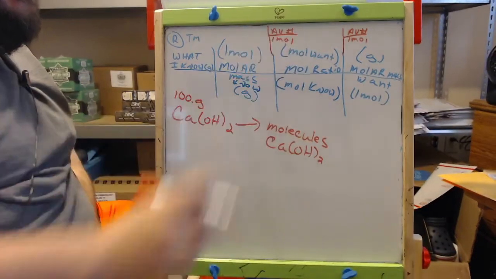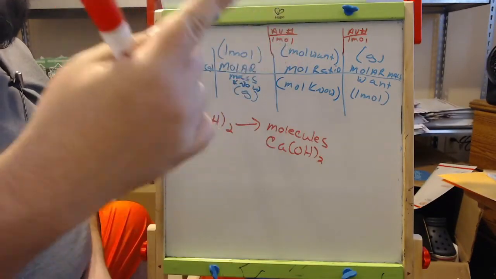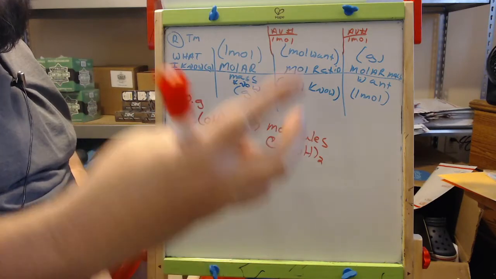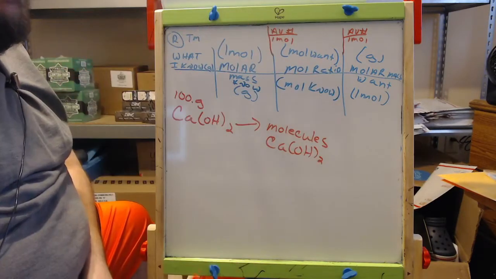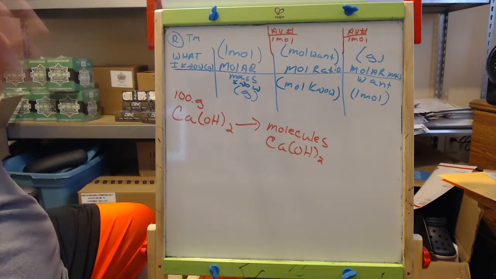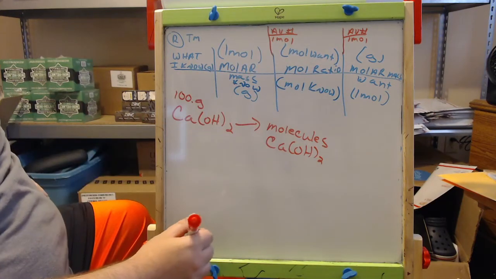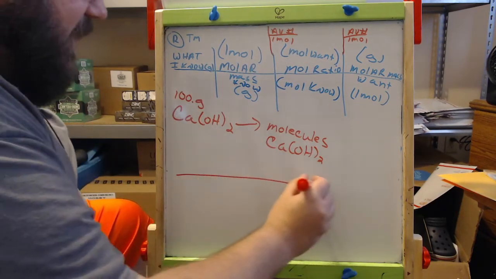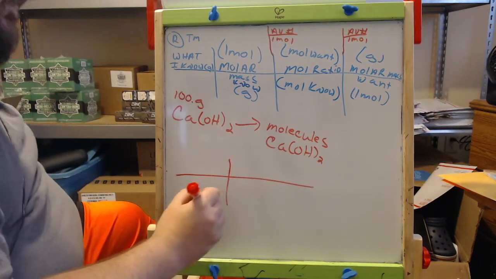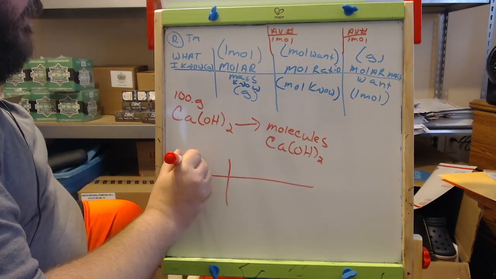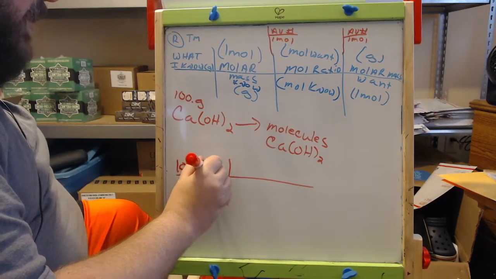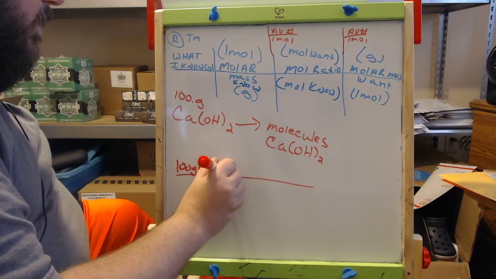If you see ions, molecules, atoms, or formula units, you have to use Avogadro's number, but I have to get there first. So same principle: I have 100 grams of calcium hydroxide.